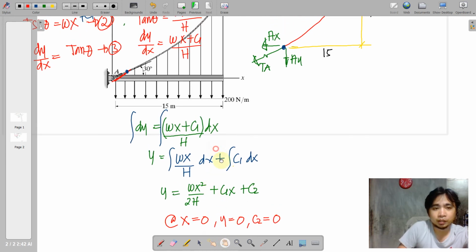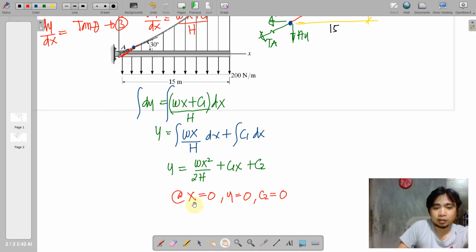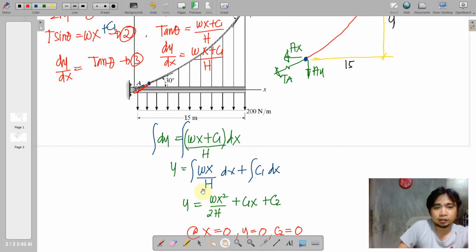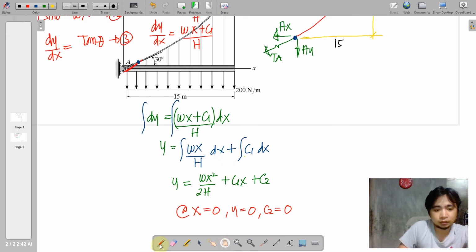So utilizing our slope now, by the way, this y here is assuming that at x equal to 0 there will be no slope. So this is actually at x is equal to 0.